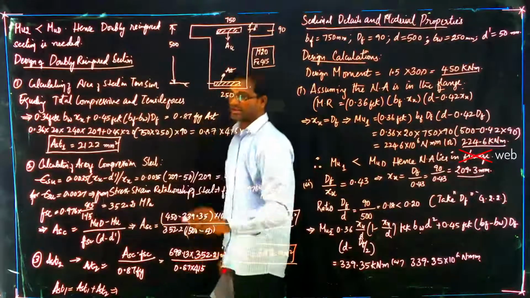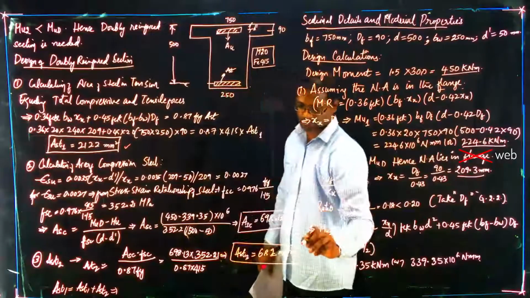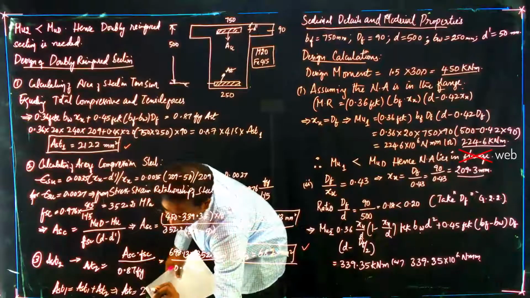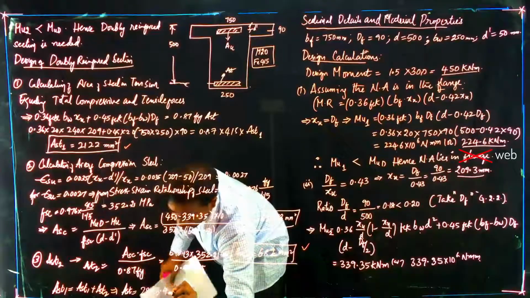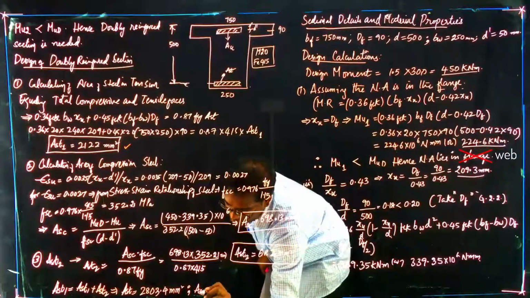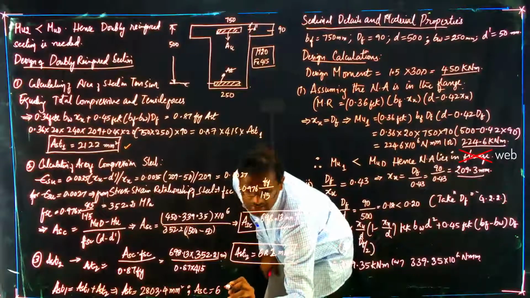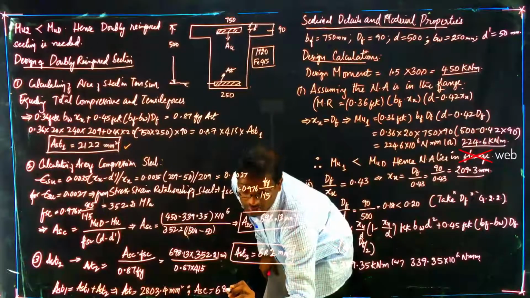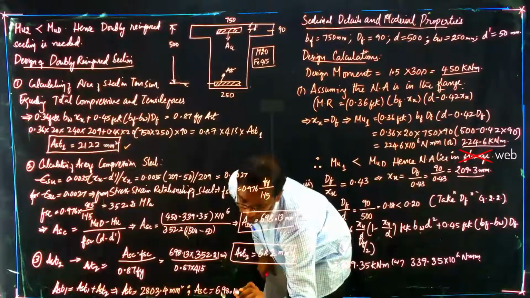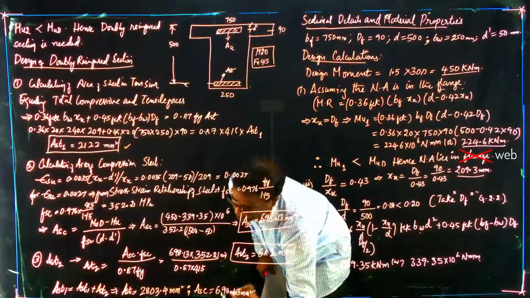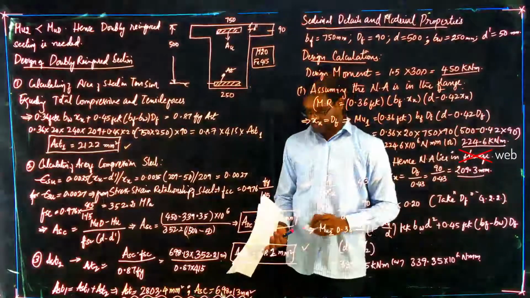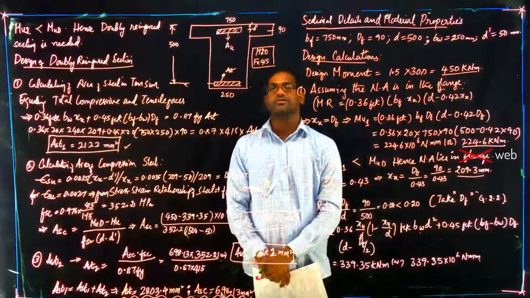If you add Ast1 and Ast2, then you will get Ast as 2803.4 mm square and Asc as 698.13 mm square. This is how a doubly reinforced T-beam is designed.